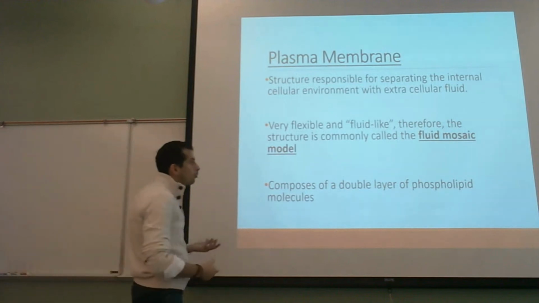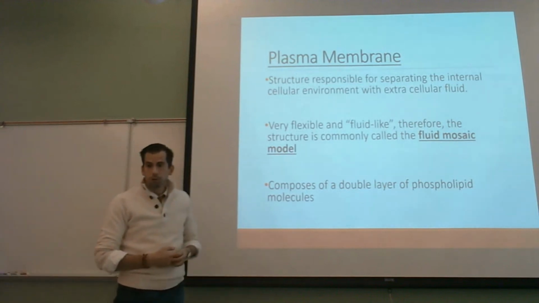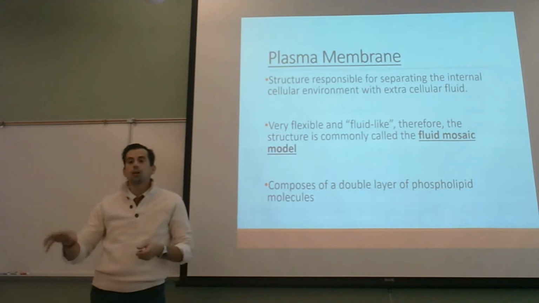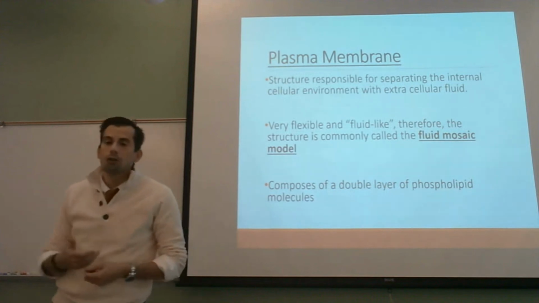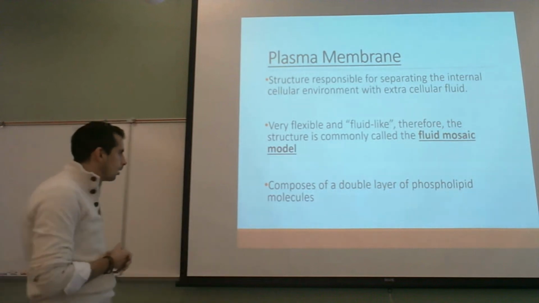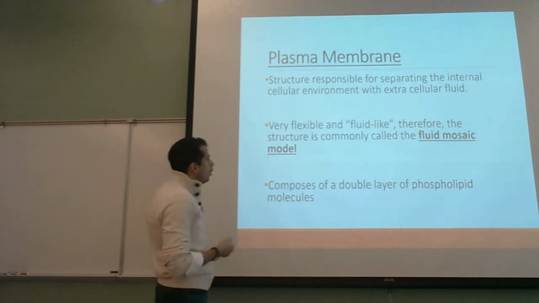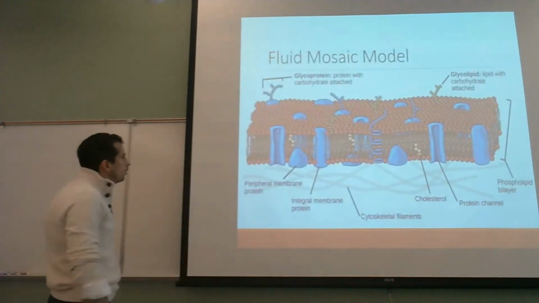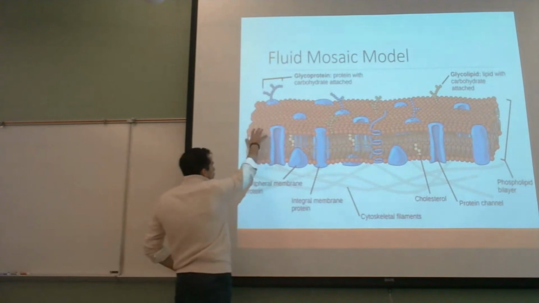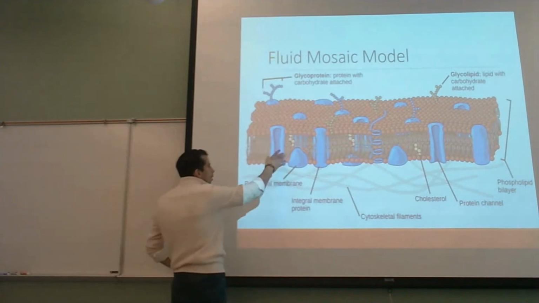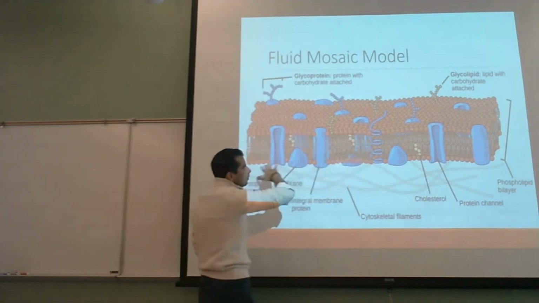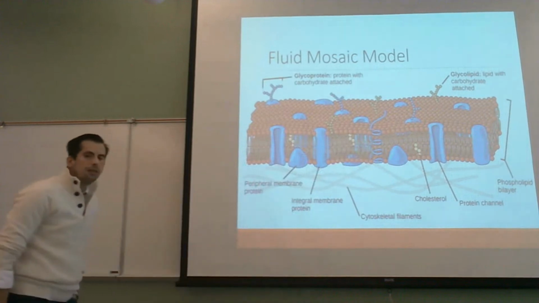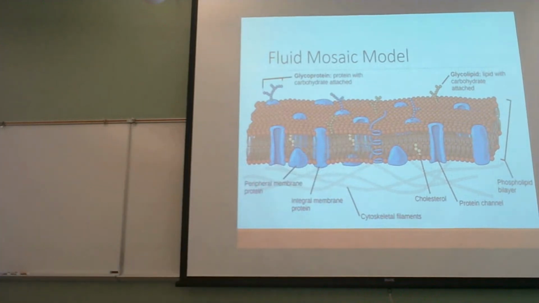And the ones that we'll talk about mostly are going to be transport proteins. Proteins that are specifically involved with moving things across that cell membrane. So here's going to be our fluid mosaic model, all of these different entities embedded in the membrane to give it that mosaic appearance.